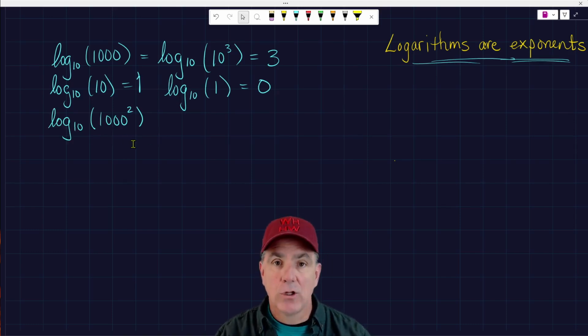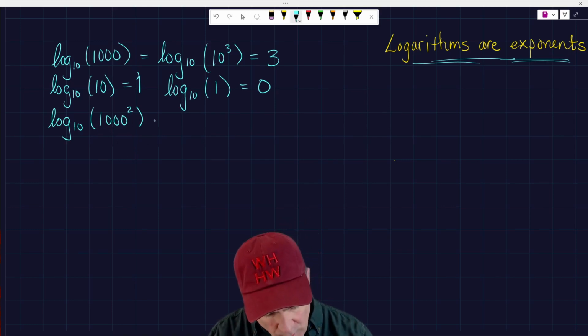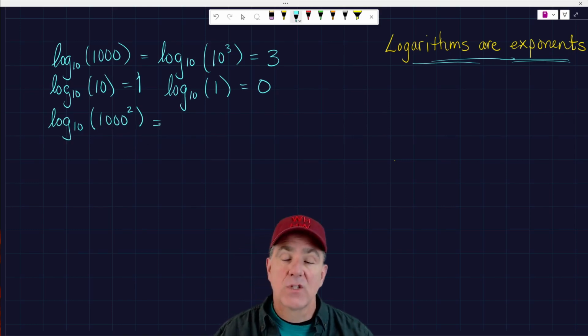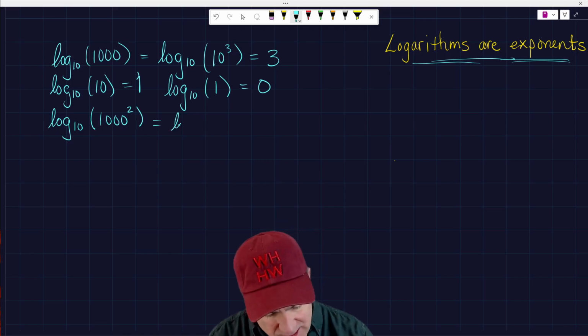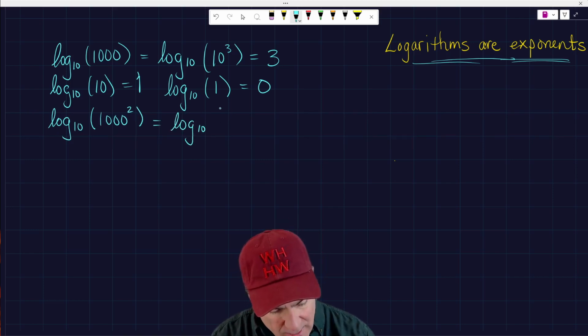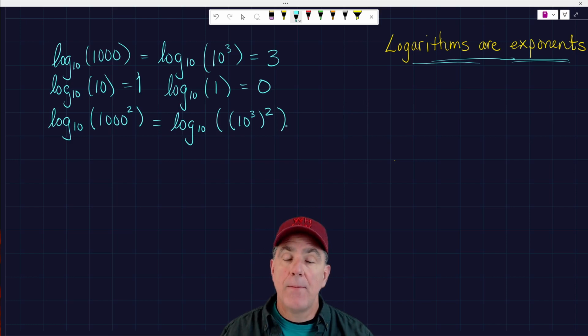All right, here we have the log base 10 of 1,000 squared. Well, since we're doing base 10, we really need to think about this in terms of 10 raised to some power, because the logarithm's the exponent. So this is equal to log base 10 of 10 cubed quantity squared. So you can remember your rules for exponents.